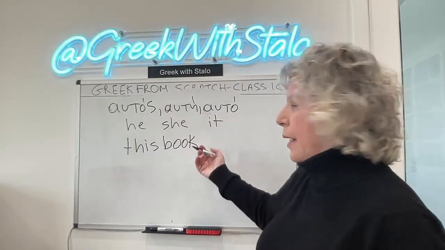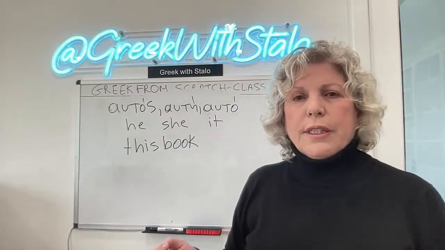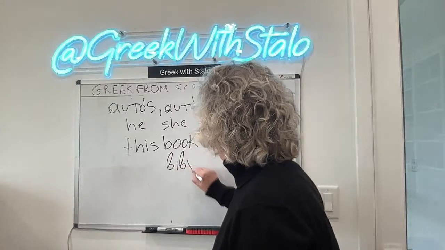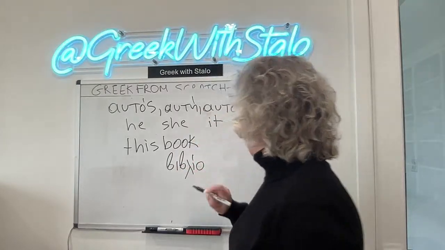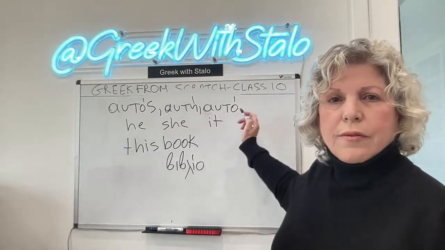And since in Greek, the word for book is βιβλίο, which is neuter, we will have to use the neuter form, αυτό.